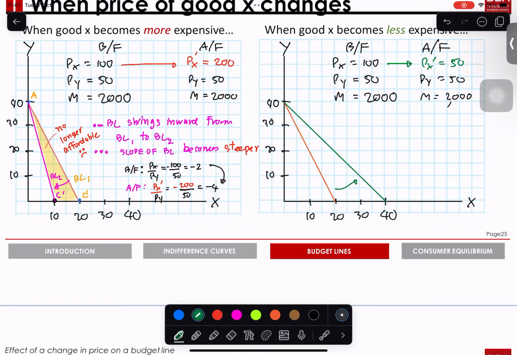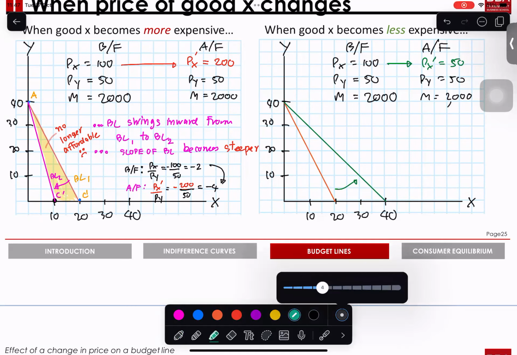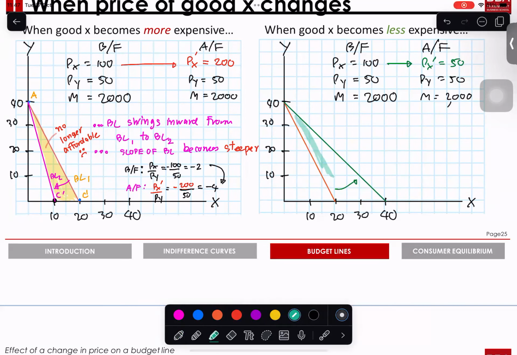This guy is quite delighted now because there are more choices, ones he could not afford before, in between the old and new budget line that emerge. Now he can spend 2,000 baht, and with 2,000 baht he can have more X and more Y, or more of both.